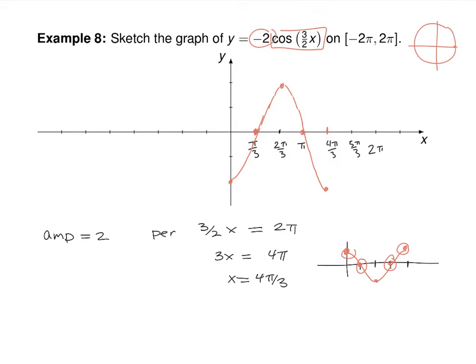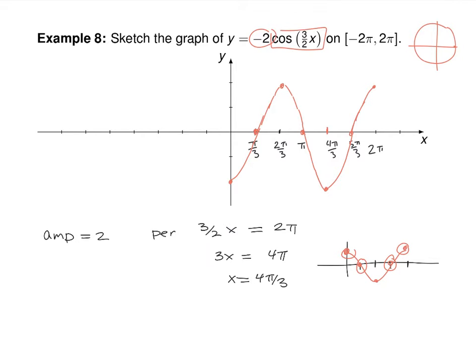Once you've got that basic pattern down, you can construct the rest. What's going to happen by 5 pi thirds? We'll be back at 0, yep. And by 2 pi, where's it going to be? Yep, it'll be up at 2. It'll be halfway through a cycle. So it went through 1 and a half cycles.